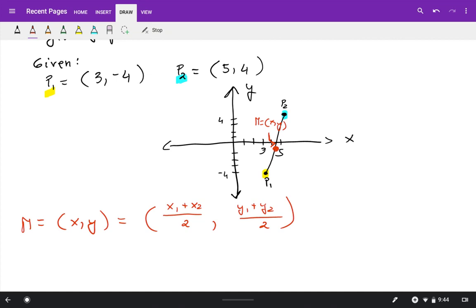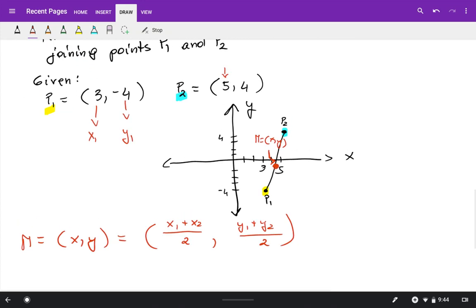So you're going to label: 3 is x1, negative 4 is y1, 5 represents x2, and 4 represents y2. So we're just going to plug it in.